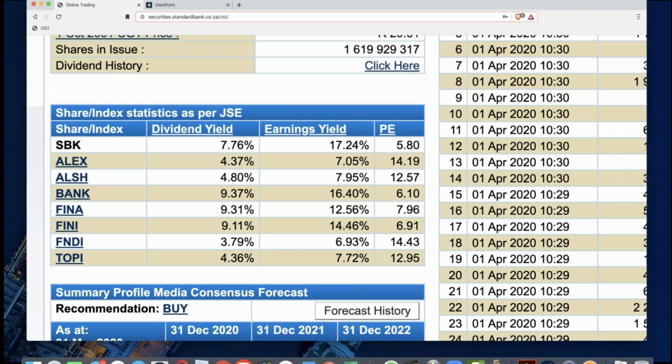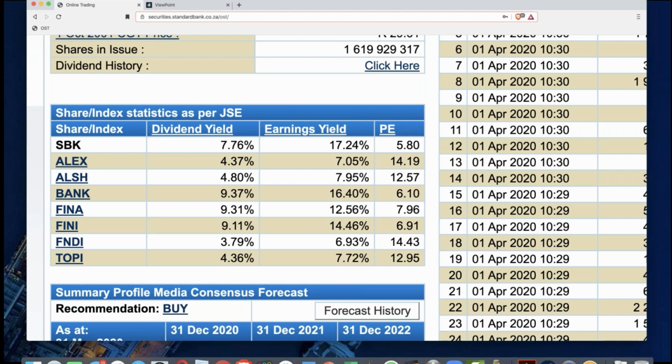The old way of thinking around investing is earnings yield mattered, and you wanted to buy a share whose earnings yield was above the 10-year government bond type of scenario. Because your government bond was considered your zero risk, and that was your coupon that you got. So if we're sitting at our government bond at, say, 11.5%, earnings here is 17.25%.